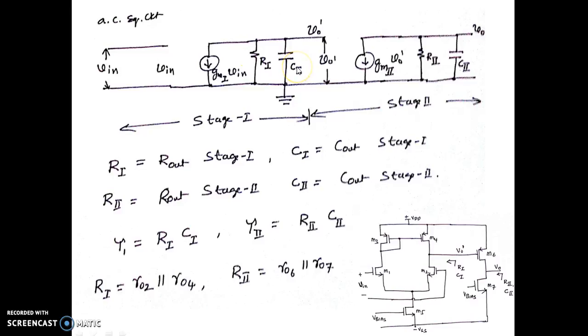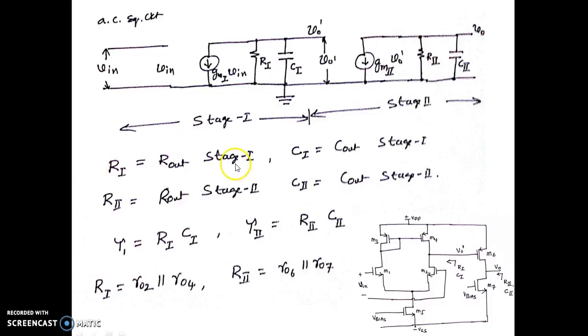This is C out of the first stage. Similarly, GM2 happens to be the transconductance of the second stage CS amplifier, and V0 dash is the input to the second stage, which happens to be the output of the first stage, and R2 and C2 happens to be the output resistance and output capacitance of second stage. So that's what is written here.